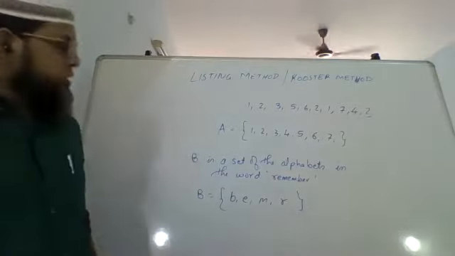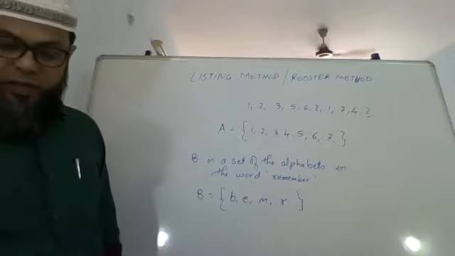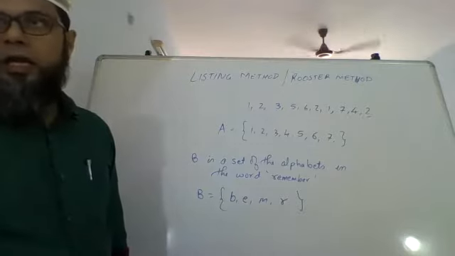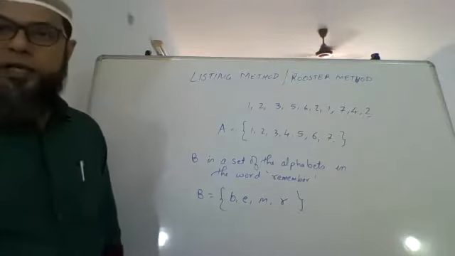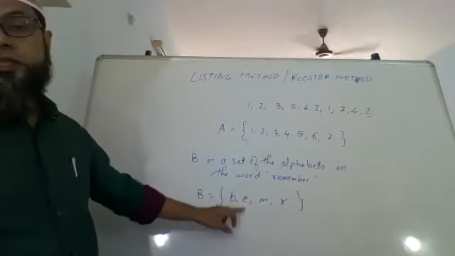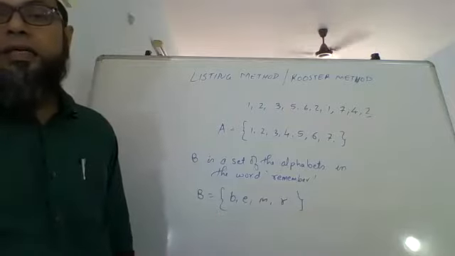Now somebody might say, sir, मैंने R पहले लिखा. That is okay. Sometimes somebody might write R, E, M, B. That is also okay. Or E, M, B, R. That is okay. But only these 4 alphabets are to be considered.